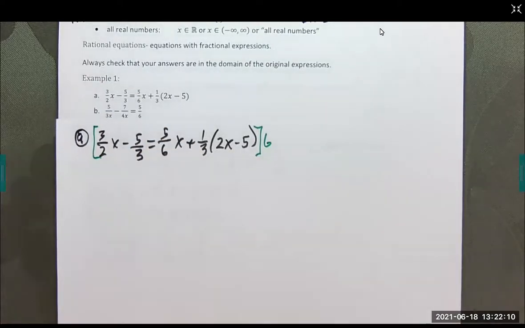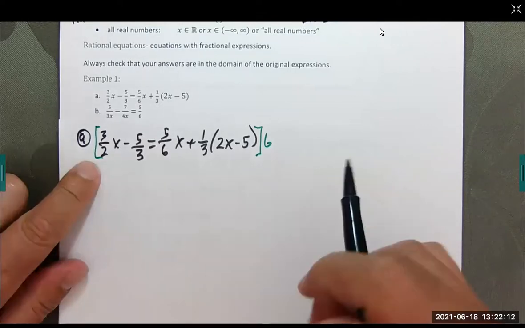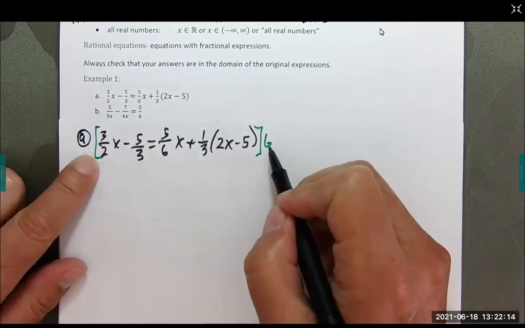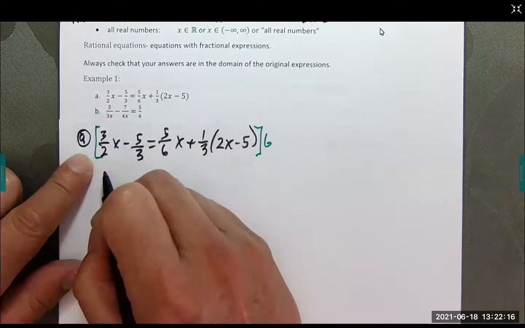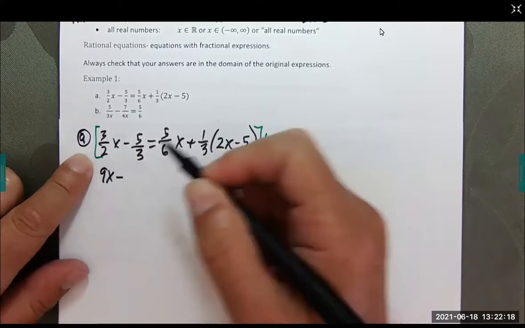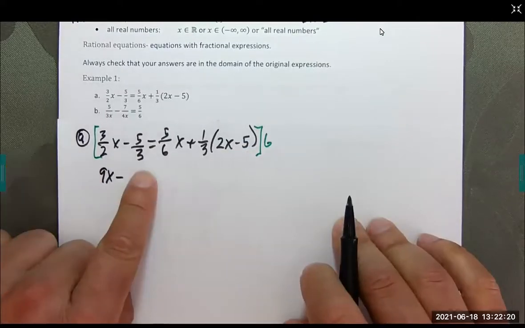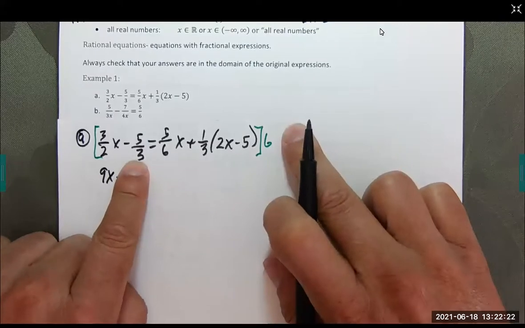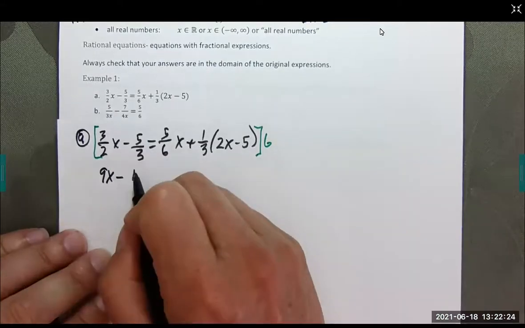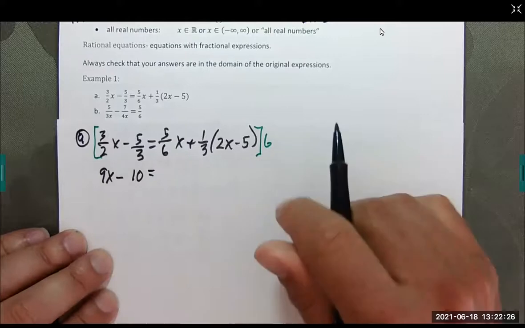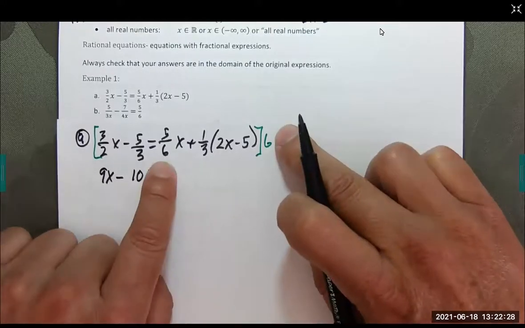When I multiply this times 6, 6 divided by 2 is 3. 3 times 3 is 9x. For here, 6 divided by 3 is 2. 2 times 5 is 10. Here, the 6's just completely drop out. We end up with 5x.